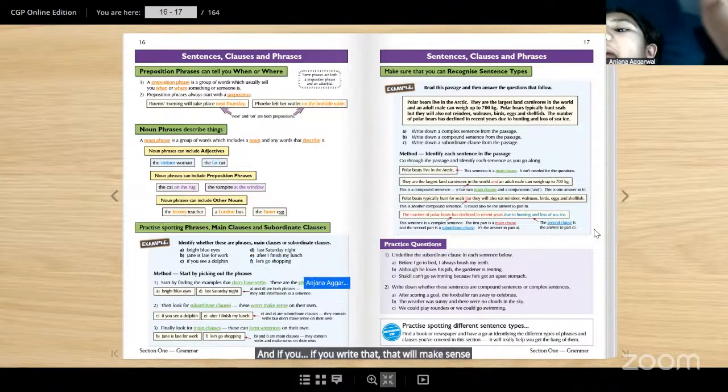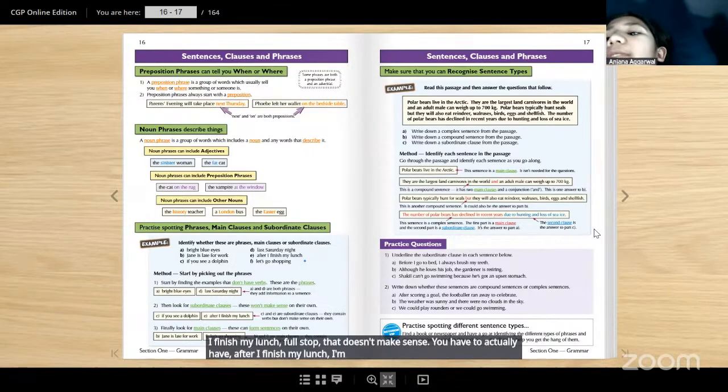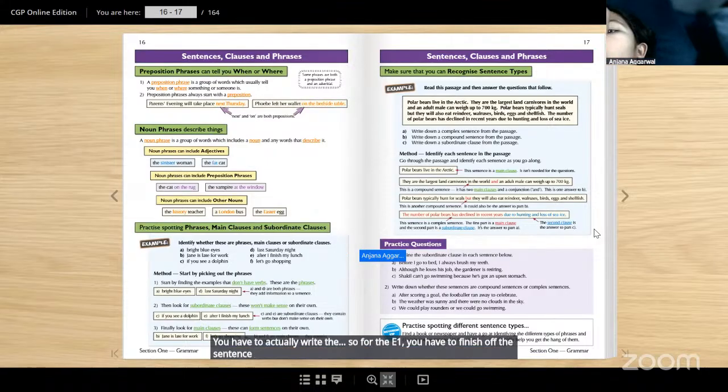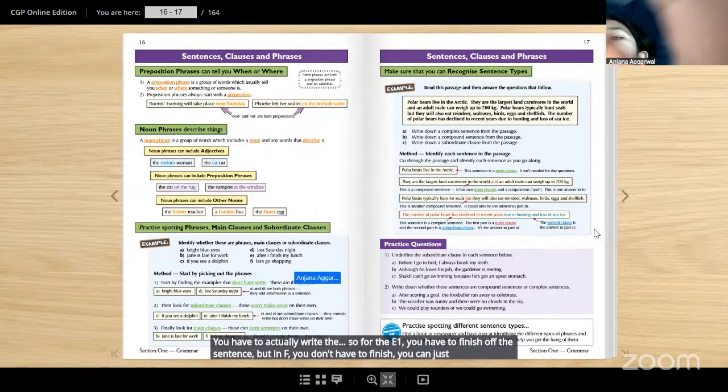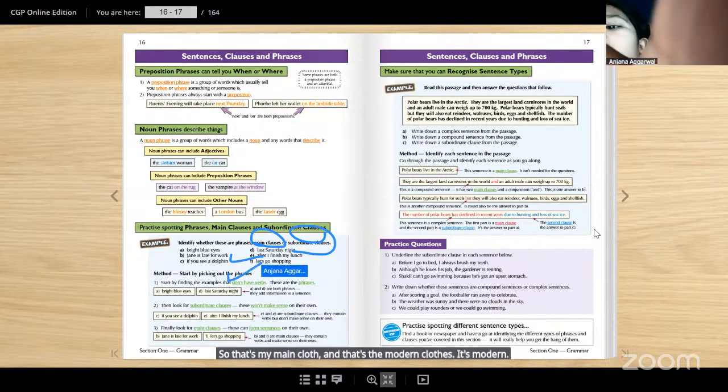But if you write "after I finish my lunch," full stop, that doesn't make sense. You have to write "after I finish my lunch, I'm going shopping" or something like that. For the E one, you have to finish off the sentence, but in F, you don't have to. You can just leave a full stop. So that's a main clause, and that's a subordinate clause. E is subordinate, and F is main.